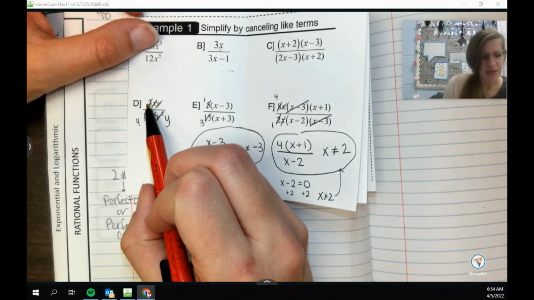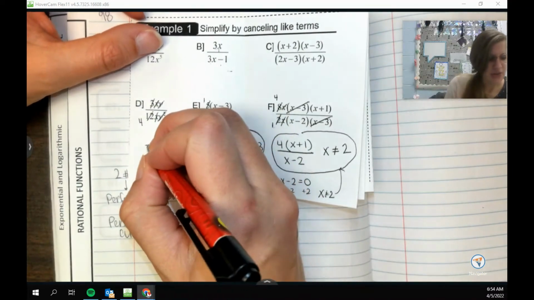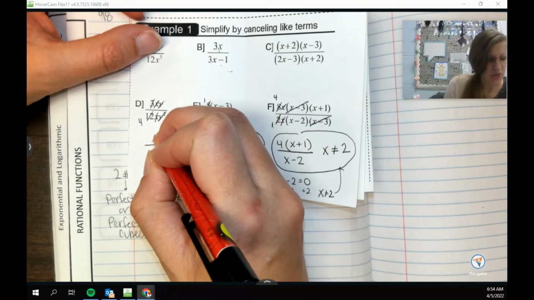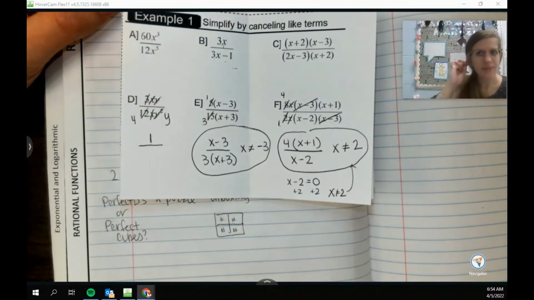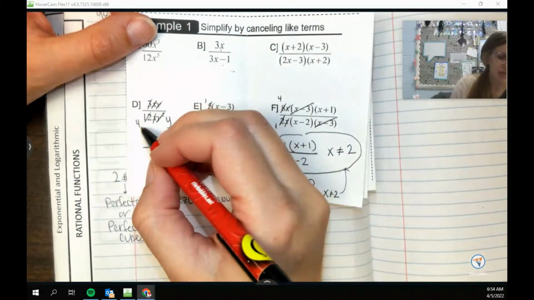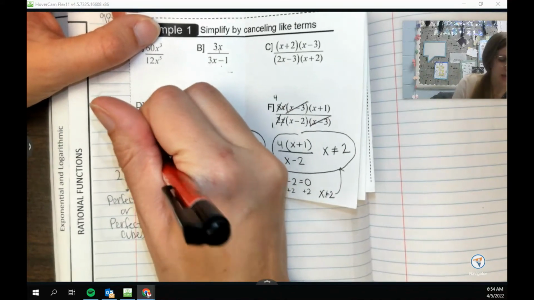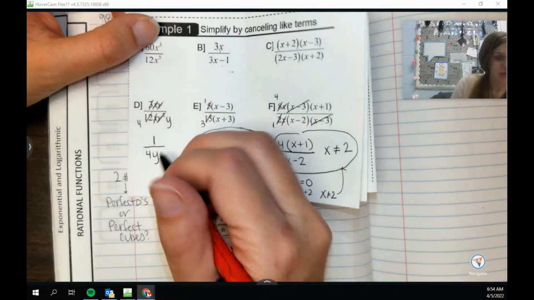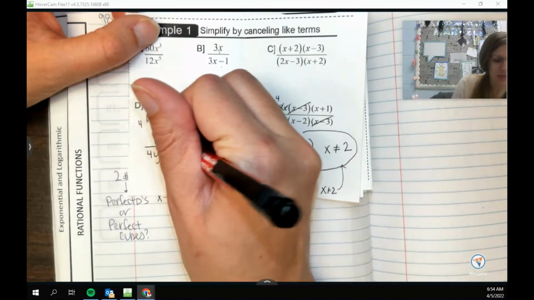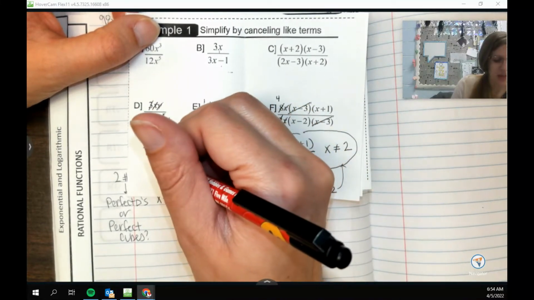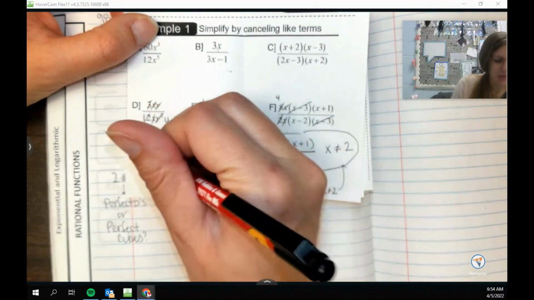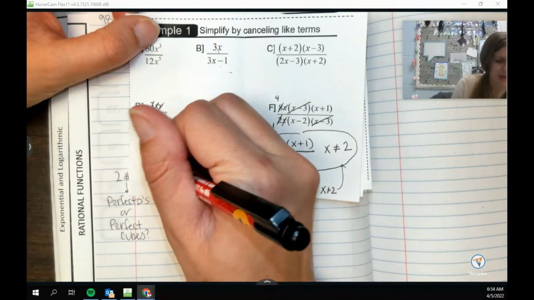And so because my numerator is fully gone, I do need a 1 up there to hold the numerator's place. And then my denominator is just 4y. And I do have a variable down there, so I need to say, okay, y cannot be 0. Because 0 times 4 would be 0, and that would be bad.